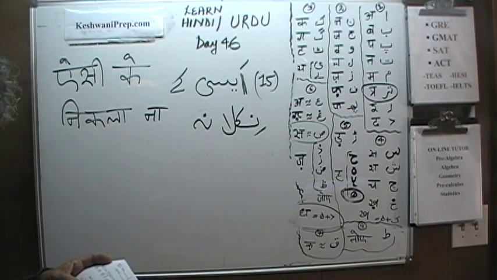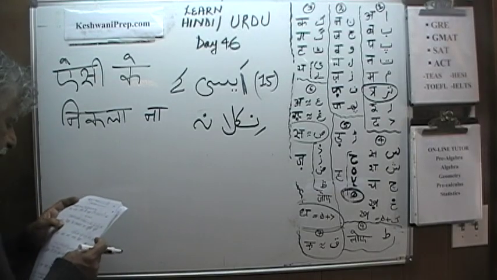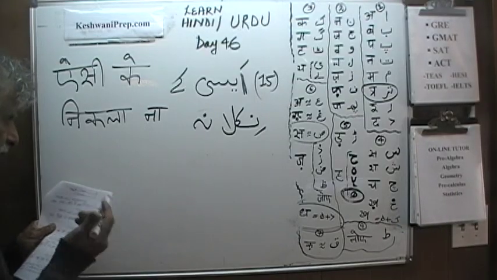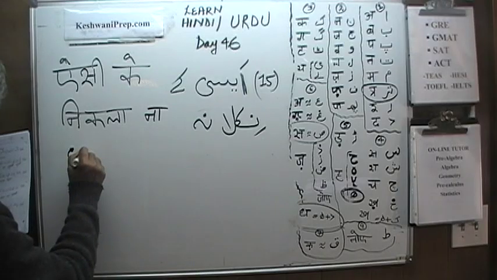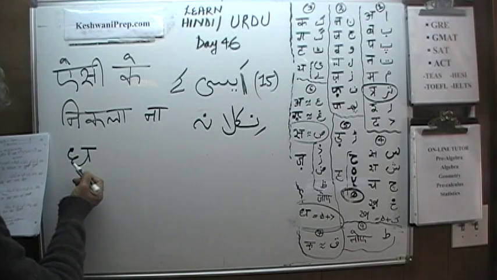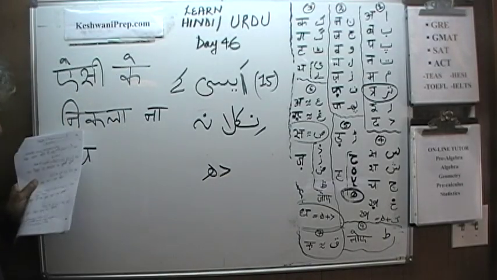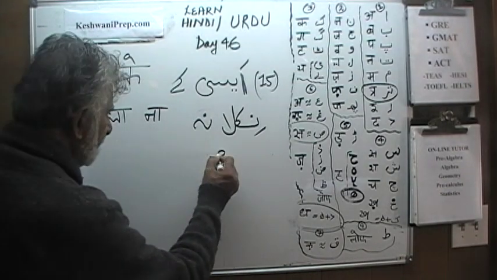Just give me 1 second. There we go. The word is, let me write it in Hindi first. There is the word, this is the letter da, this is the word tha. We don't need a tha, we need a du, u ki matra.